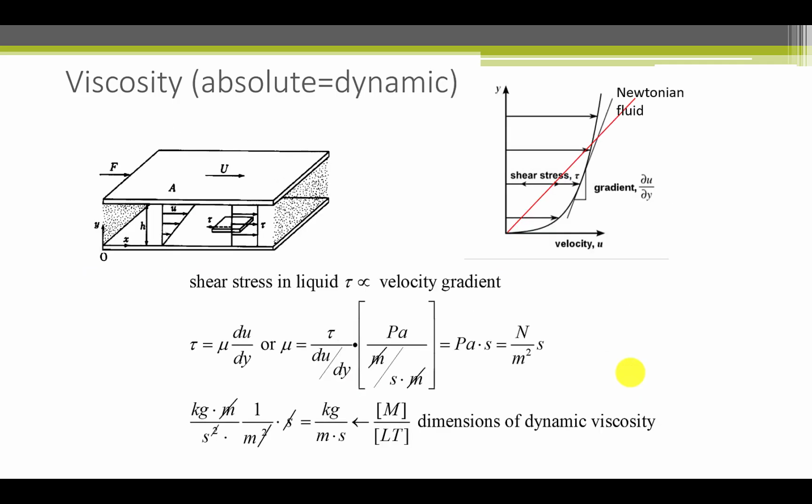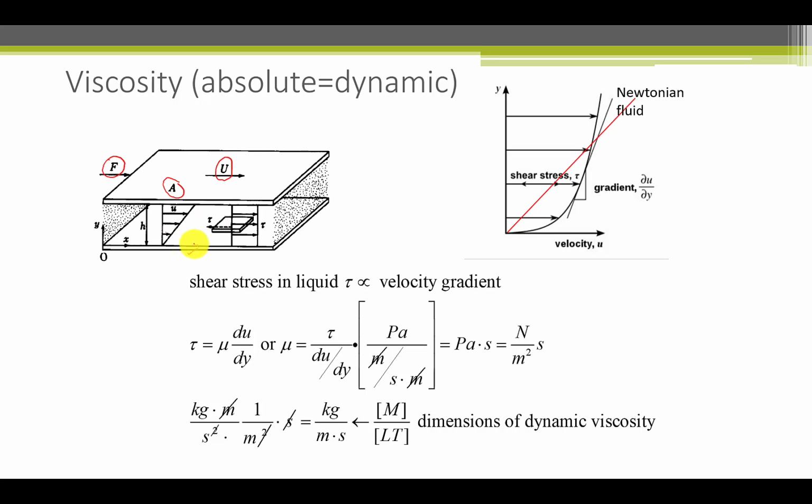Now here we're going to talk about the physics of viscosity, and we're talking about absolute or dynamic viscosity. We have the moving plate, as we discussed earlier, with a constant force here on a plate of area A with a velocity u.